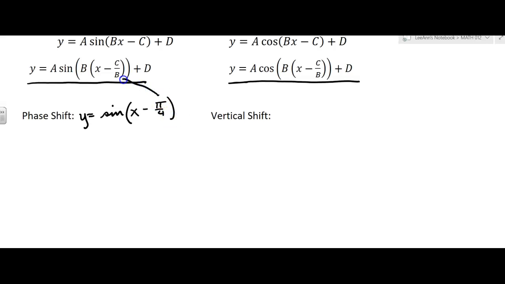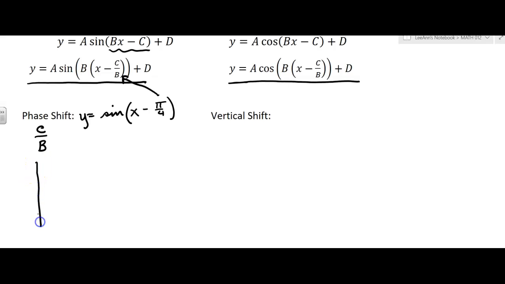So I'm going to say right here that c over b, that is the phase shift, c over b. Okay? Now you could figure it out from up here by taking c and dividing it by b, or you can use the other form and then it's written there for you. In my example, I'm having b be 1, and so my c over b is just pi over 4. Okay? So this is just an example. I was going to show you what a phase shift is.